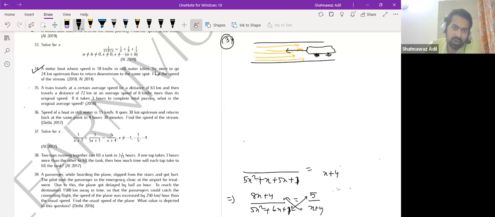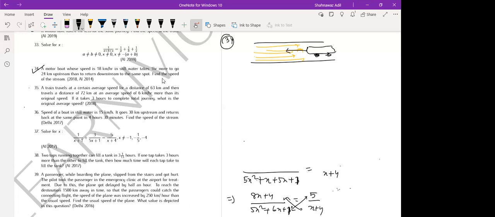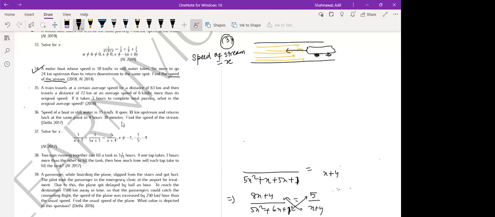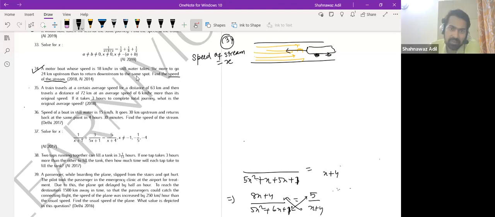So what do we do in this question? What should we assume first? Speed of the stream as x. So the speed of the stream is x, right? Now let's say we are moving upstream.